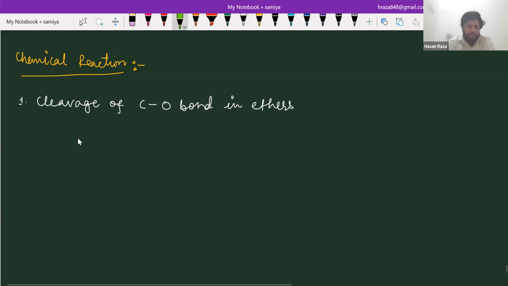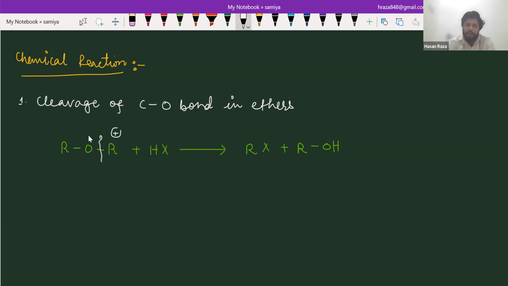Here you can see if you have an ether ROR that will react with hydrogen halides, then the product will be alkyl halide along with alcohol. It's very simple to understand in the same way that we are doing the reaction. This will be positive, this will be negative, this will be negative, this will be positive.